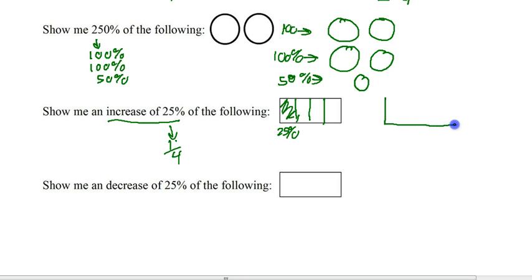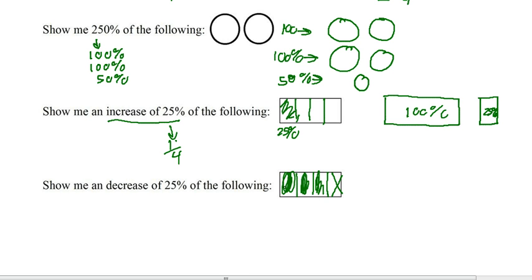So we take the original picture and then we increase it by 25%. That would be an increase of 25%. And what if you said a decrease? Well, we already know the same thing, that's 25%. So if we cut this into 4s, we're going to decrease it by 25%. So that's gone. So we get 1, 2, 3.